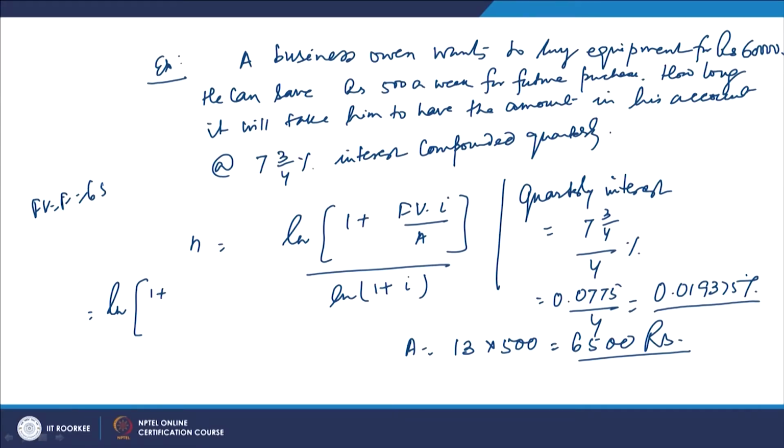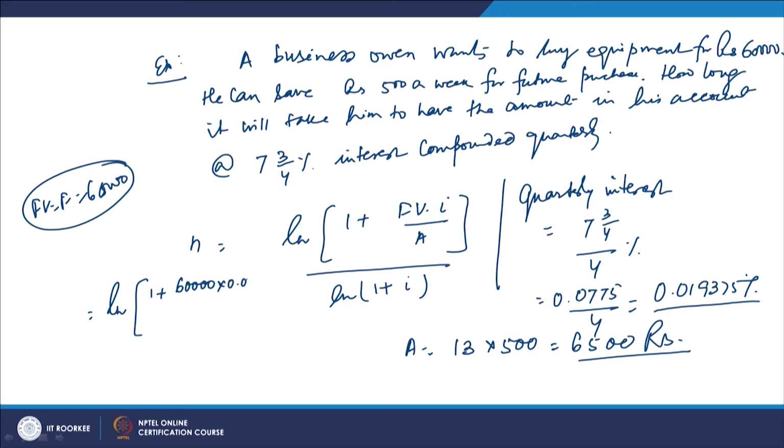So it will be ln of 1 plus, this is the final value, or F itself you can have. FV is nothing but F, that is not 6,500, it is 60,000. So it will be 1 plus 60,000 and then into I.